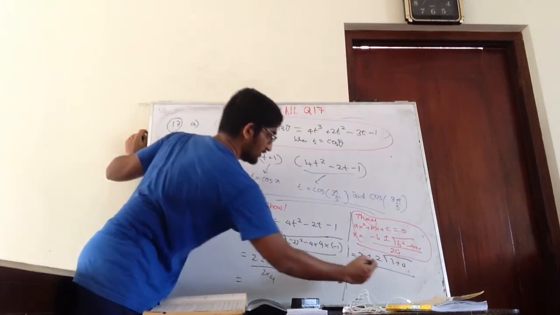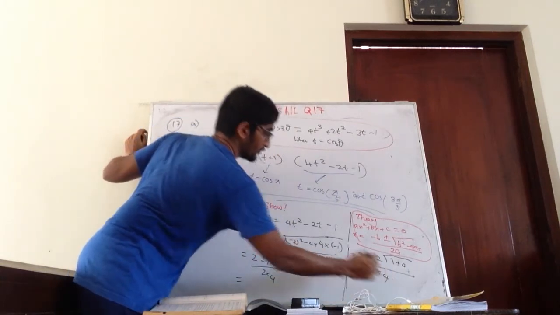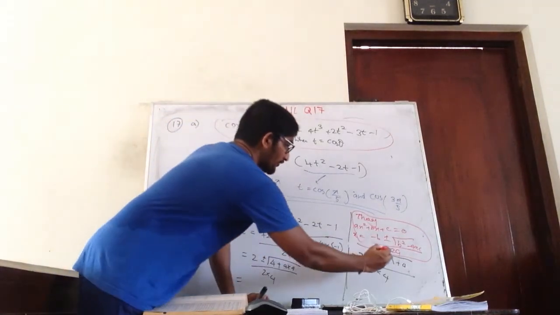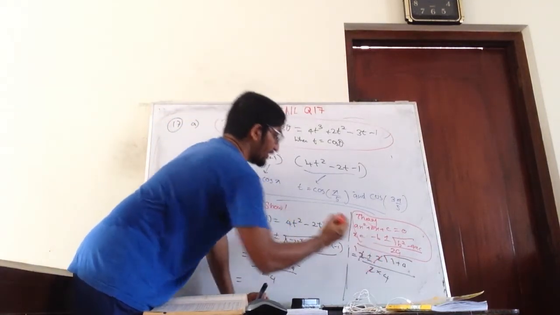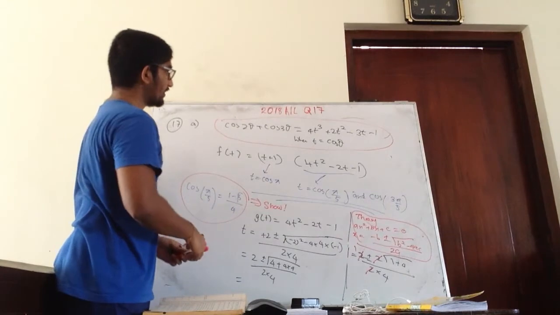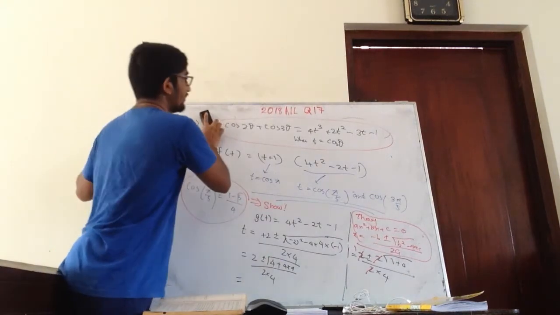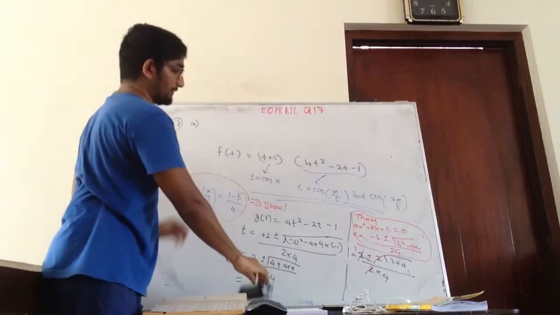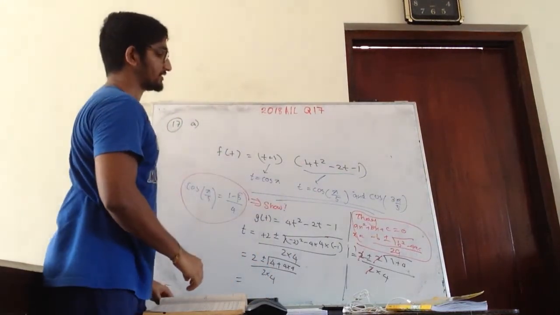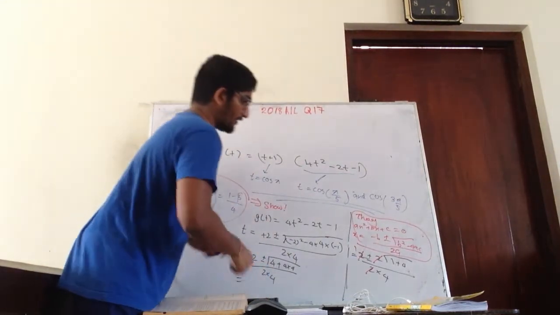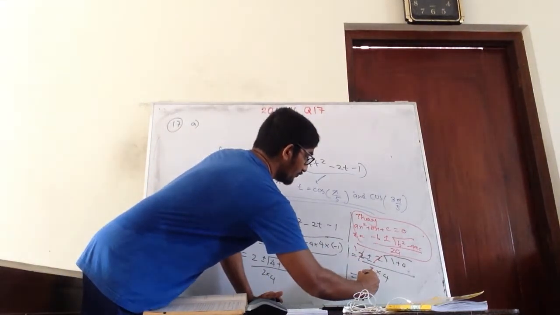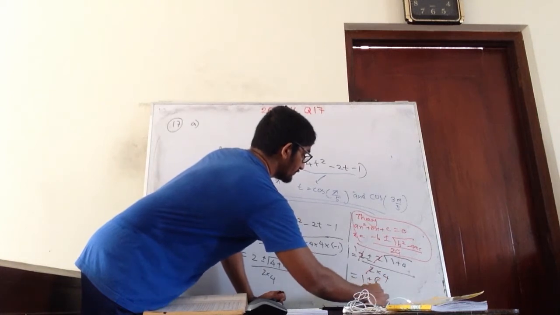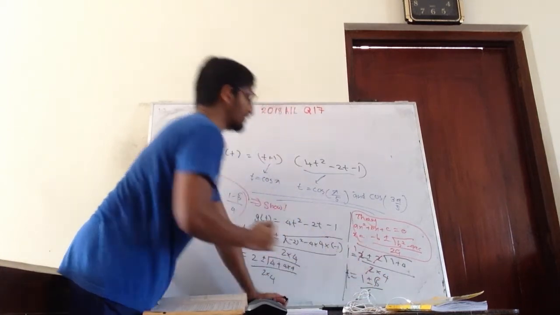Then this will become 2 plus 2 into 4. Right? So here I can cut this 2 off and this will become 1. Right? So from here you can get the answer. So at the end you will get 1 plus or minus square root 5 over 4 as t.